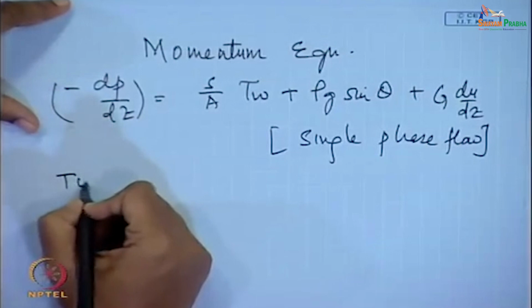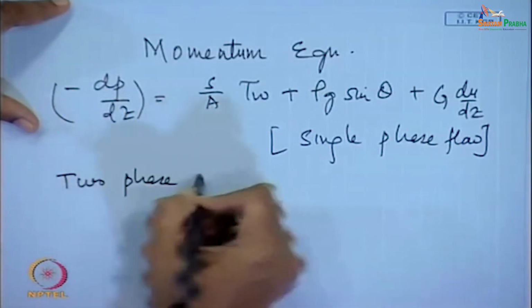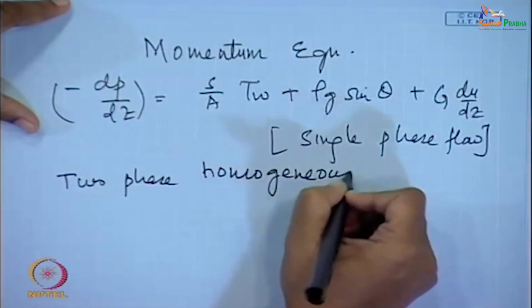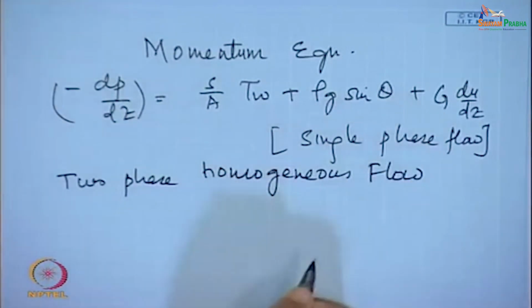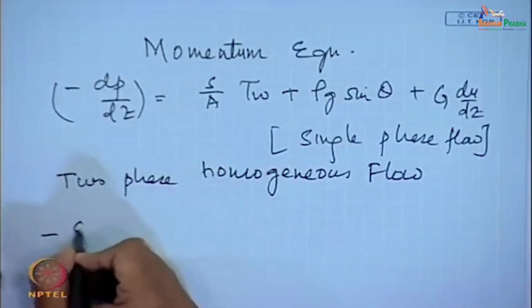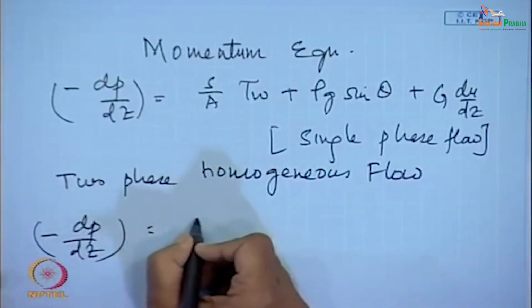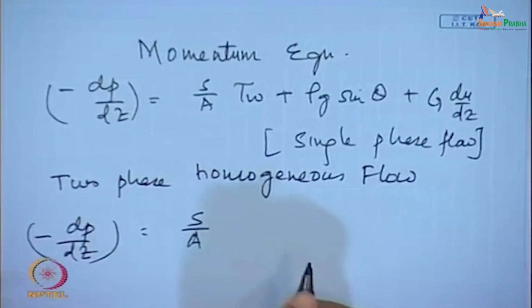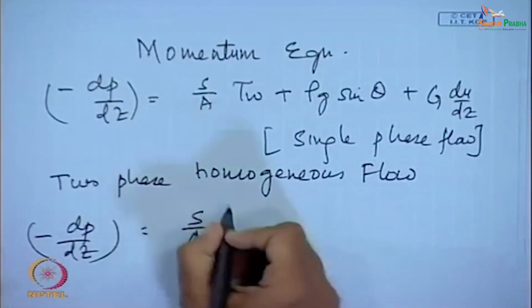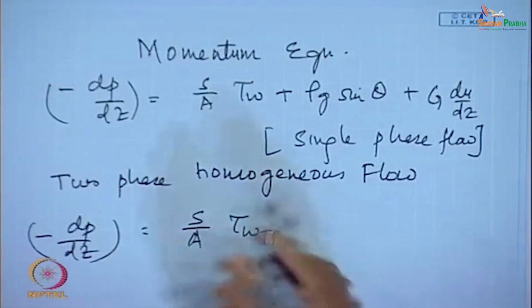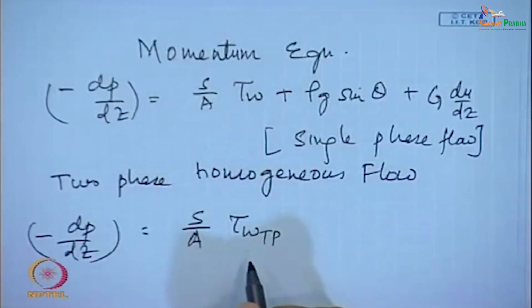Now, for two phase homogeneous flow, what should I write down? Pressure gradient. This will be equal to wetted perimeter by cross sectional area, that is the pipe, so no problem. This has to be two phase, agreed. Now, we cannot say tau w is equal to tau w two phase. Why can we not say?